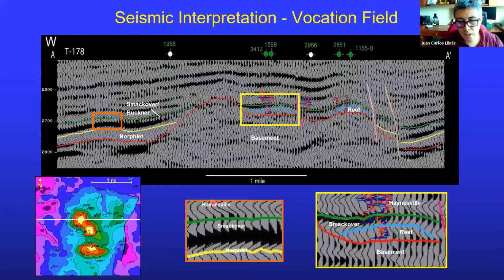This is how it looks on the seismic. It's more or less the same section. You see the field, and the structure was never completely covered by this Smackover Formation. And here you can see a detail of how the seismic looks on the western and on the eastern side of the structure where you have the reef.